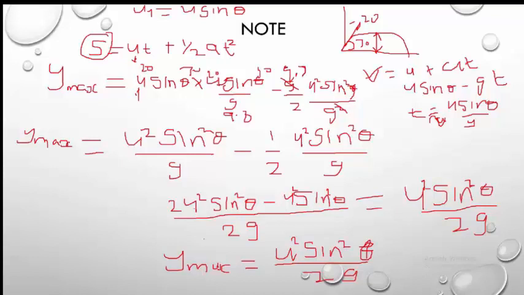This u square will be your 20 square, and this sin square theta will be sine 30, then you square whatever value you have, then divided by 9.8 squared. Then with that, you don't even need to come to this place and start using the equation. But if you are good at memorizing and you can remember the equation offhand, then you can go ahead with that.